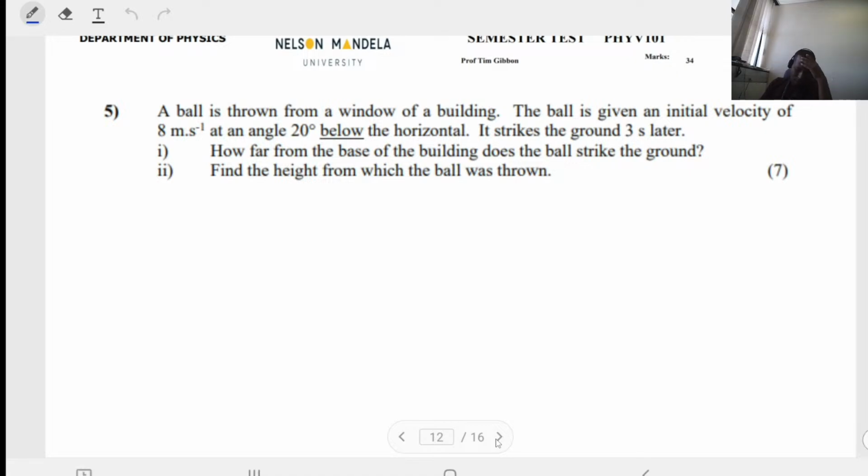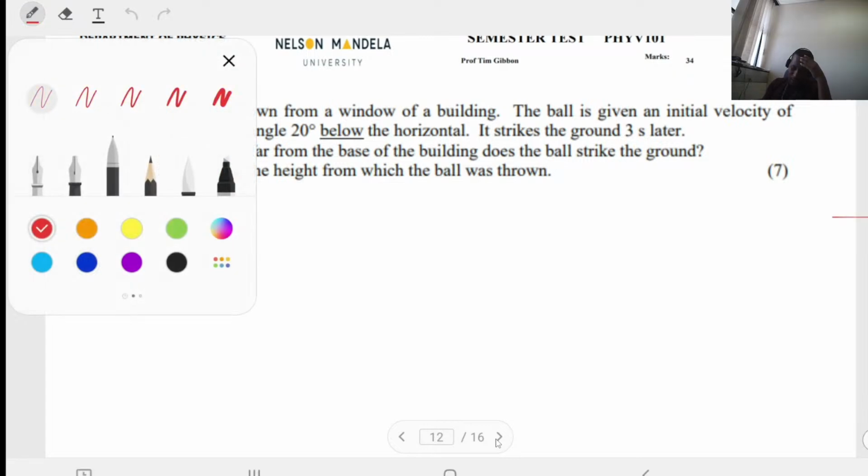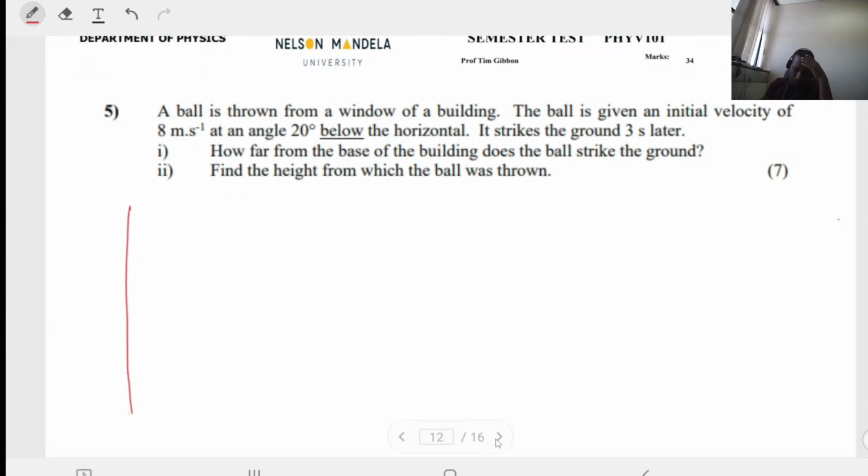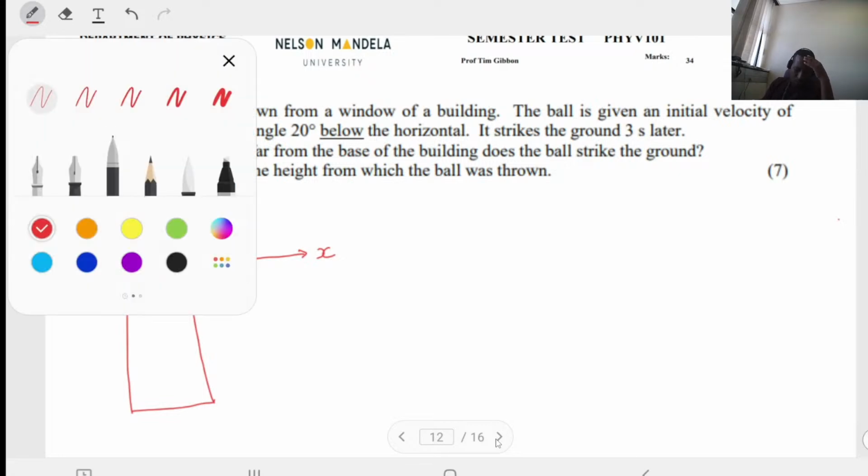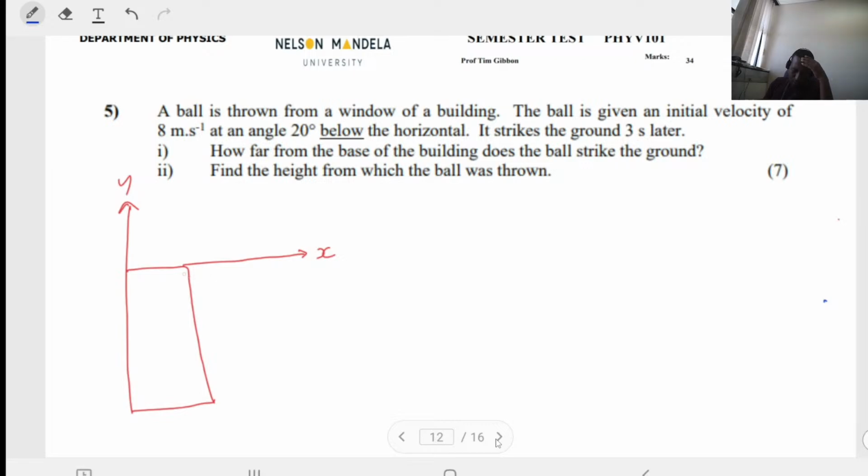You see, you have to read this one thoroughly. This is my y coordinate, and this thing is thrown from a building, with a horizontal x-axis and a y-axis, and the ball is thrown below the x-axis in this direction with an angle of 20 degrees.